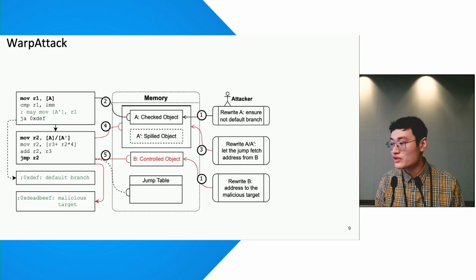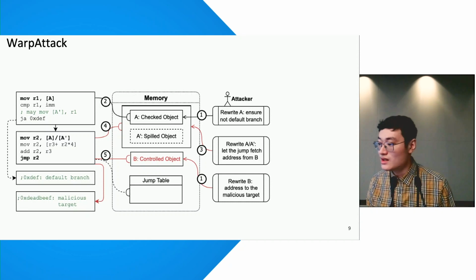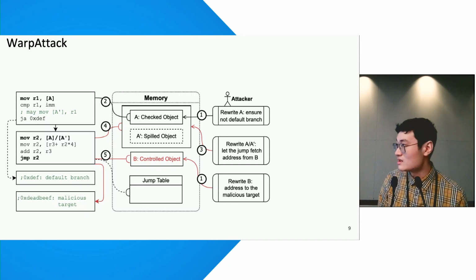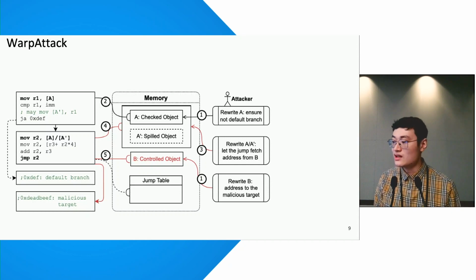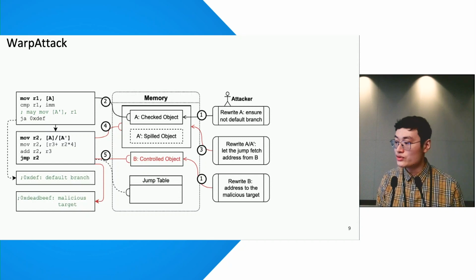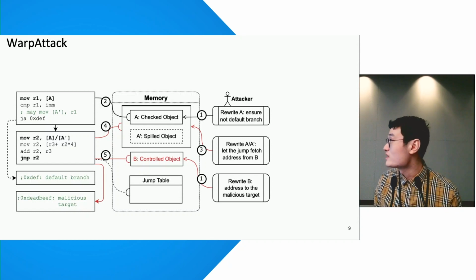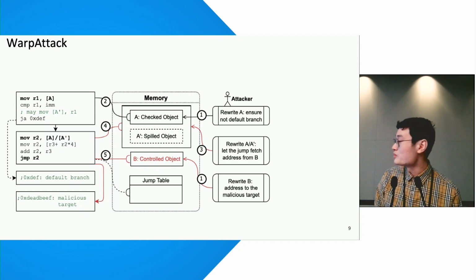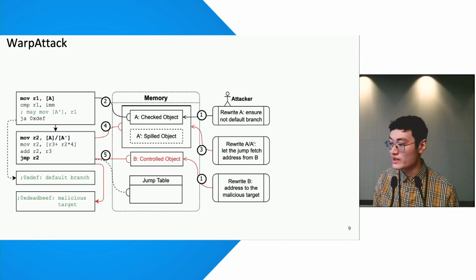So how does WarpAttack work? Specifically, the attacker needs to take control of a concurrent thread in advance. First, it overrides the switch variable to ensure that the victim thread does not go to the default branch, and prepares the control object with a malicious address.